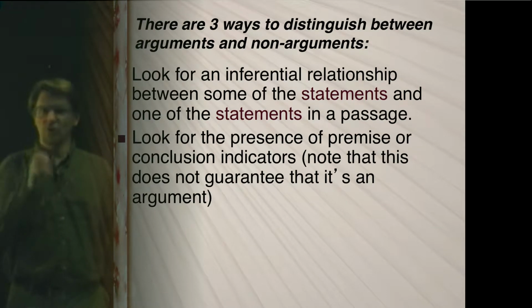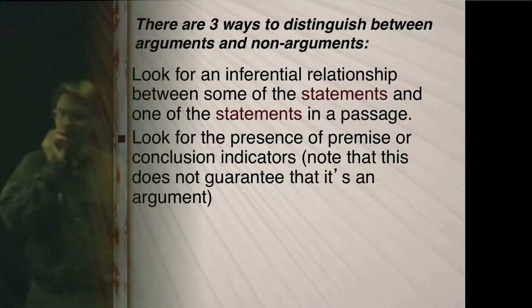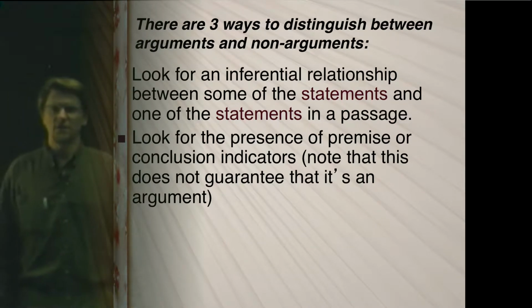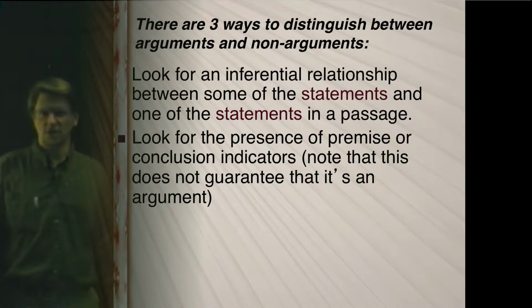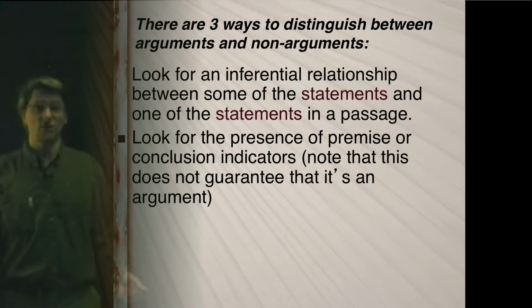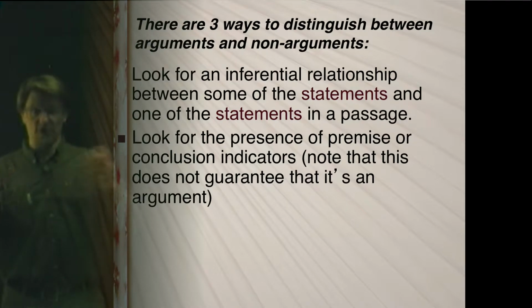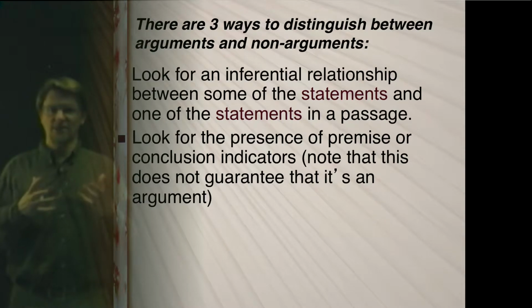Secondly, you can look for the presence of premise or conclusion indicators. And note that the presence of premise and conclusion indicators doesn't guarantee that what you're looking at is in fact an argument. So in other words, this is important. When you read a passage and you see the word therefore, or thus, or because, these are all conclusion and premise indicators.